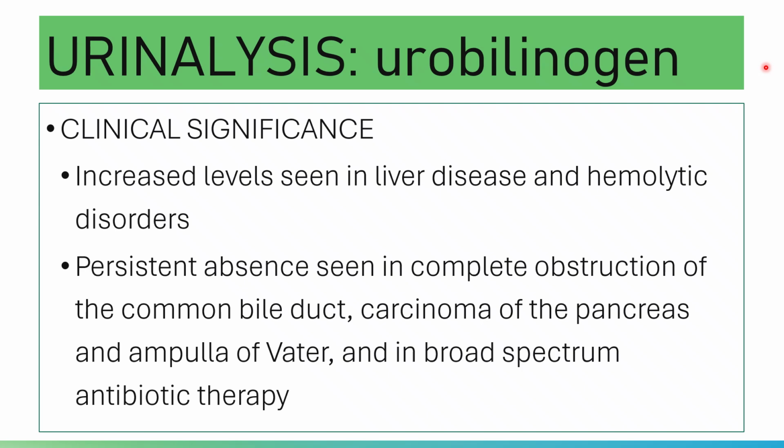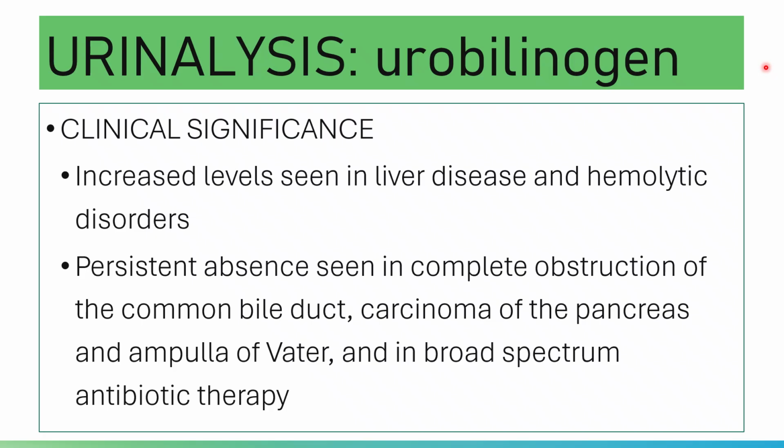Hepatocellular damage due to toxic substances, so there could be poisons. And in some cases of cirrhosis, increased levels of urobilinogen are also seen.